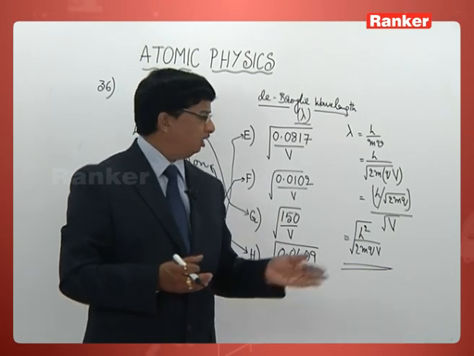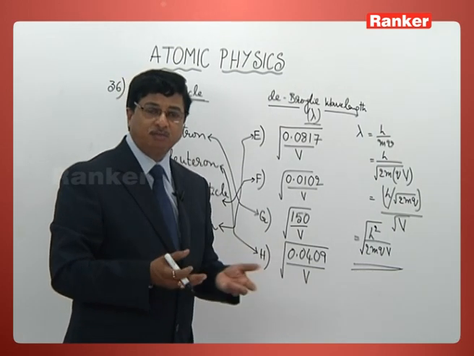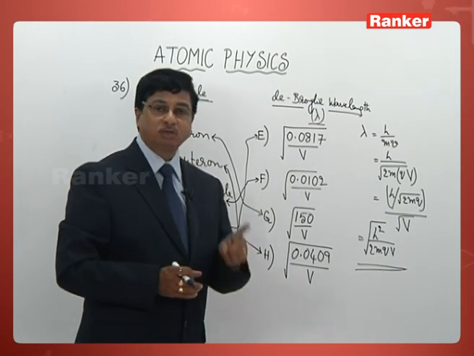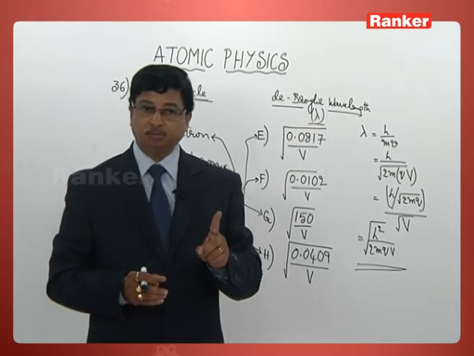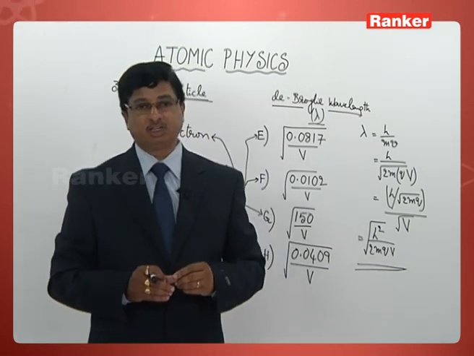Otherwise, calculating all the four values and identifying all the four answers is not a difficult task. But if you remember them directly, you can save your time in the final exam, if at all such a model question is asked there. Now let us see the options.